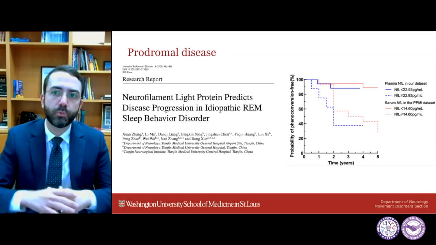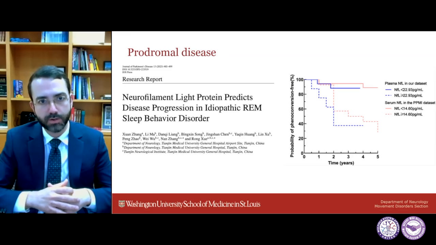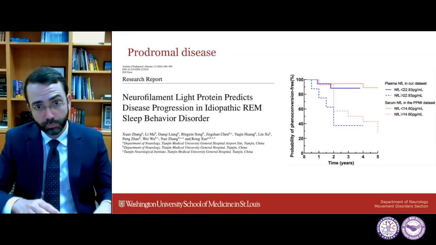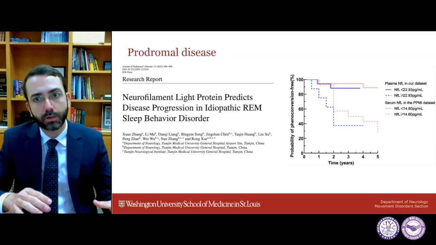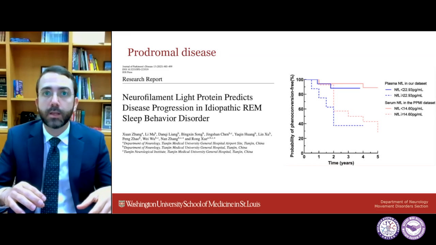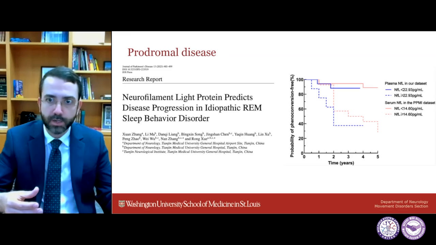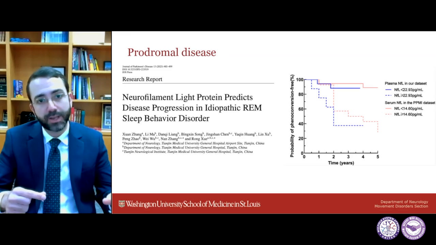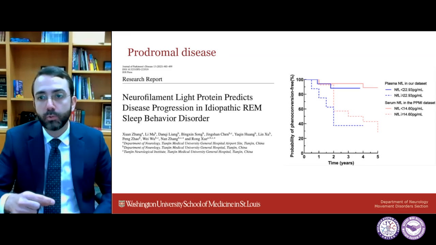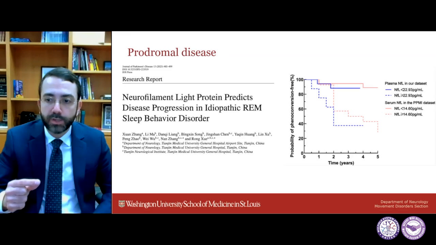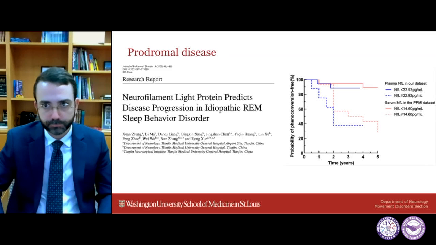However, we still don't know which of those patients are going to progress to develop those neurodegenerative diseases. So this group from China suggested that neurofilament light chain could be one of the biomarkers that would allow us to understand which of those patients can phenoconvert to an alpha-synucleinopathy, meaning we can collect neurofilament light chain, and depending on the level, if too high, we can understand and predict that they're going to develop one of those three conditions in the future.